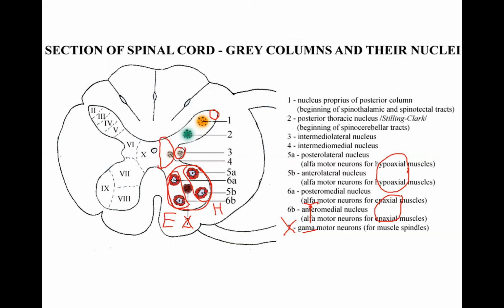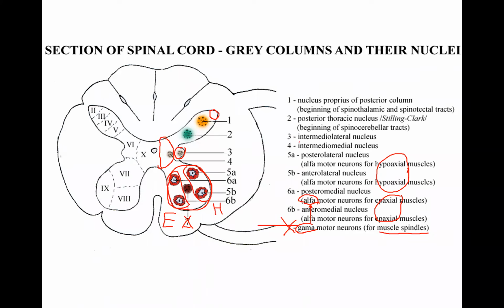What is the difference? The alpha motor neurons just go to the neuromuscular plate of the muscle. The gamma motor neurons go to the neuromuscular plate of the muscle spindle. Muscle spindle is a small receptor inside each muscle. So that's the anterior horn, which is somatomotor. Then the lateral horn.